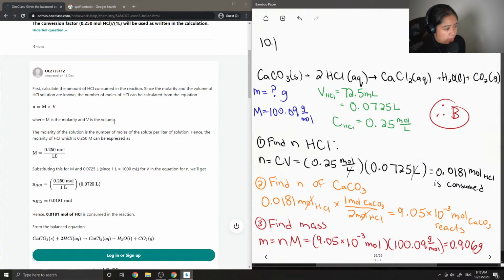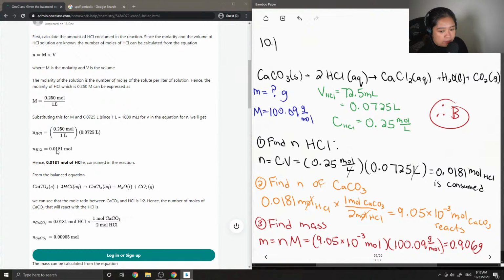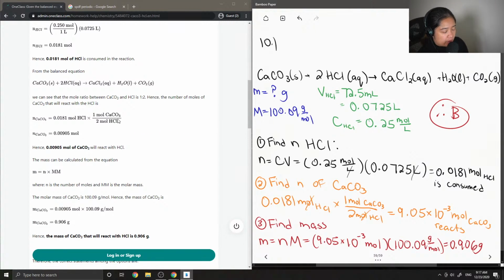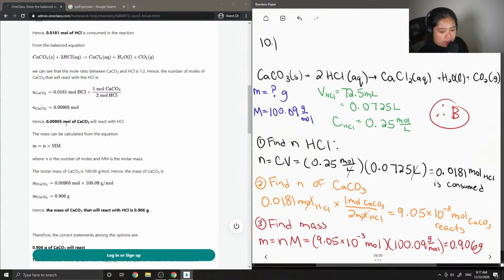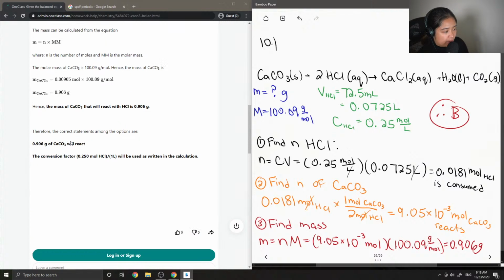Okay, so the junior tutor said, first calculate number of moles using molarity times volume, and they ended up getting 0.0181. Then they did the mole ratio step, so they divided it by 2 to get 0.00905. And then they found the mass of calcium carbonate, which was 0.906.